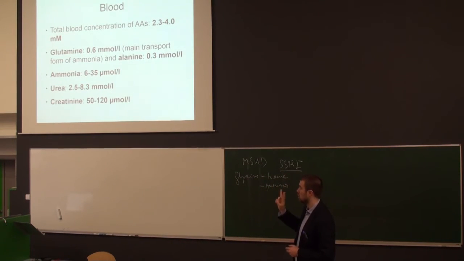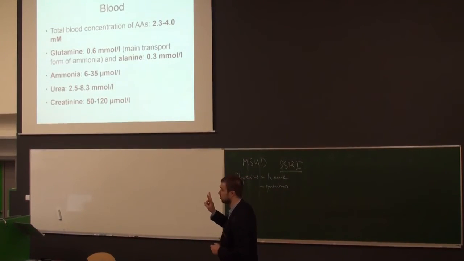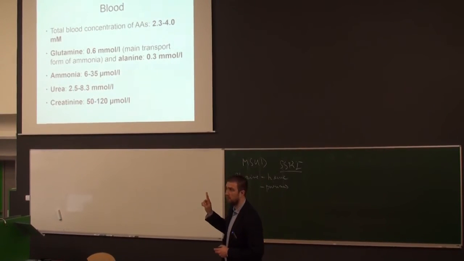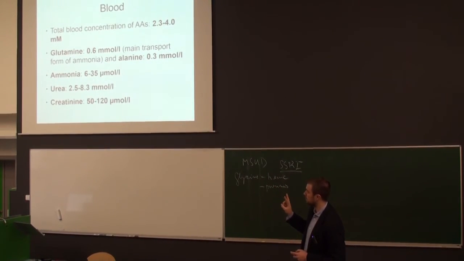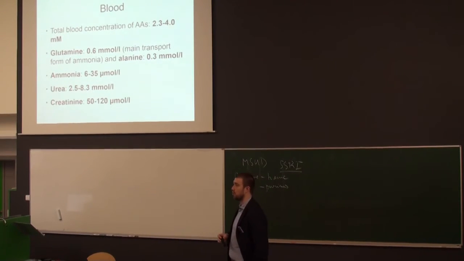You should know the concentration of 2 amino acids. First is glutamine, as you know, the main transfer form of ammonia in your body. That reaches a concentration around 0.6 millimoles. And then alanine, that's the second important transfer form, and that's 0.3 millimoles.